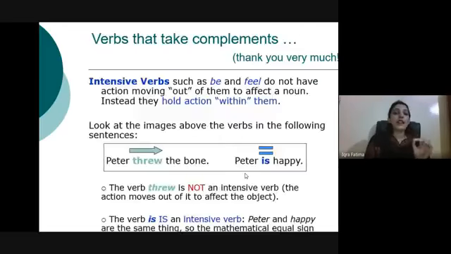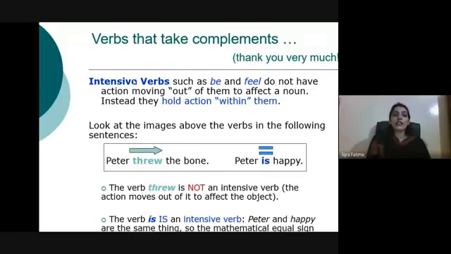If you want to understand the complement, you need to look into the verb. If the verb is not an action verb by which an action is performed on something, it means that word is a complement, because complements come with verbs which are intensive verbs.